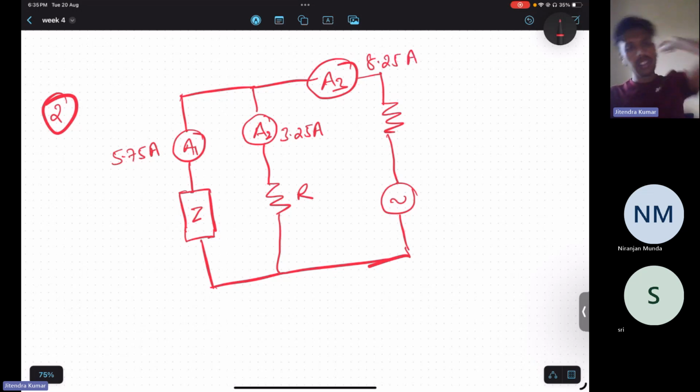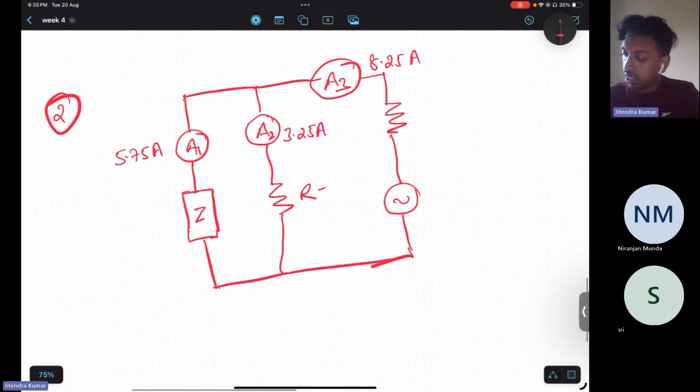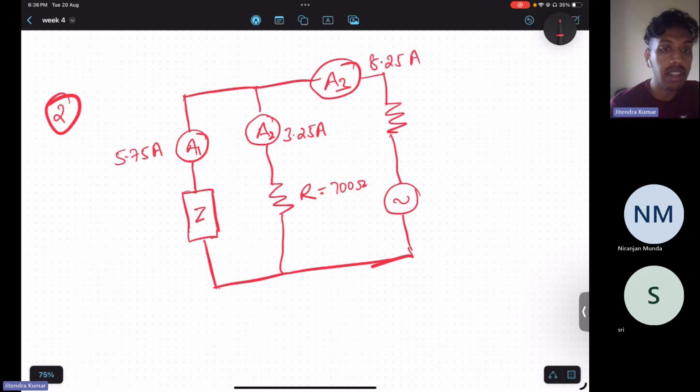This R is given as 700 ohms. All ammeters are ideal, which implies that they have very low internal impedance. Now we need to find out the magnitude of Z. Can we find it out? Please suggest some way to find it out.